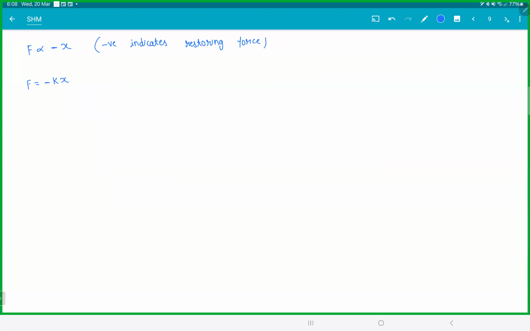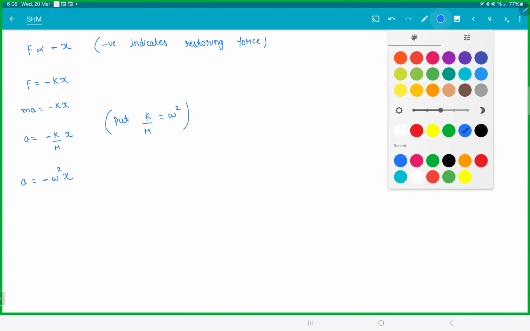K is some proportionality constant. This will be ma is equal to minus kx. So, we have acceleration is equal to minus k by m into x. So, here put k by m is equal to omega square. We will see why later on. So this equation becomes a is equal to minus omega square x.